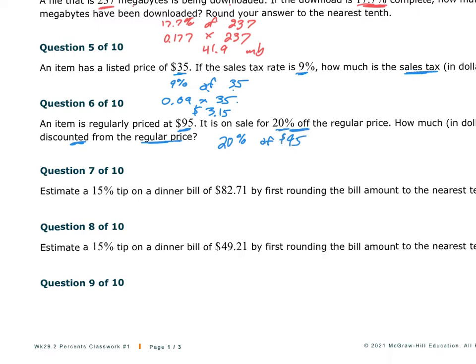Sometimes you gotta be careful with how the question's worded. Sometimes it's gonna ask much different things. It's gonna say how much are you actually paying. Well, this isn't how much you're paying, this is how much you're not paying. So if you multiply those, it's gonna give you $19. You're saving $19. You're actually paying, well, 95 minus 19, $76.